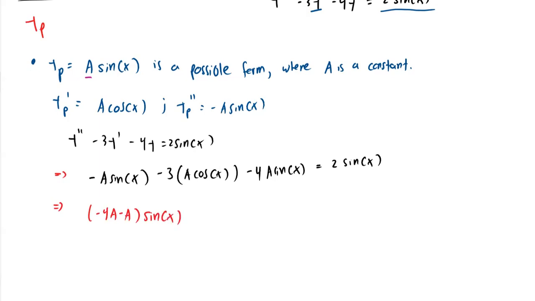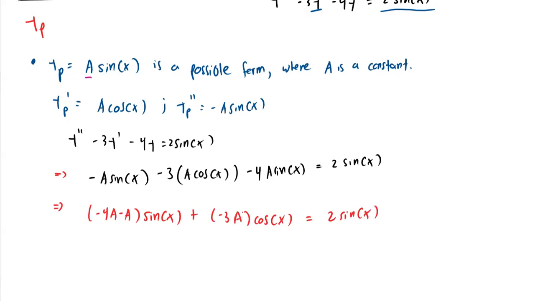And if I combine the ones with cosine, I see negative 3a. Negative 3a times cosine of x equals 2 sine x, right? That's what we want. We want it to be equal.